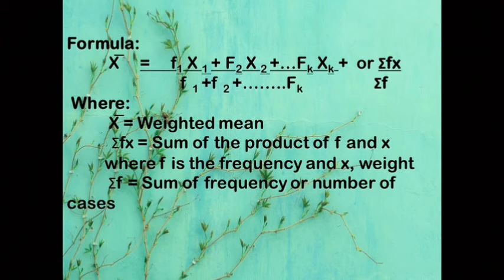If there are 15 indicators, then it will go up to f sub 15. In short, sigma fx divided by sigma f, where x bar is the weighted mean, sigma fx is the sum of the product of f and x, where f is the frequency and x is the weight.